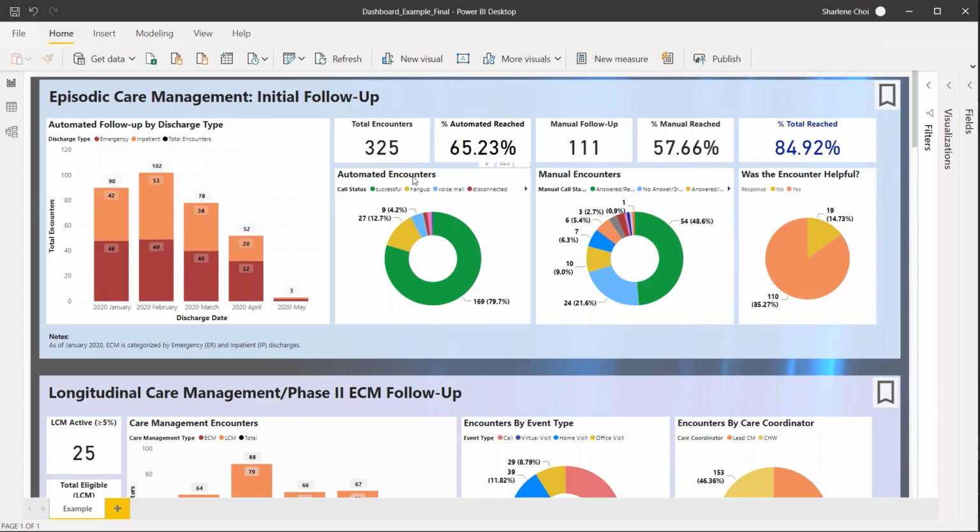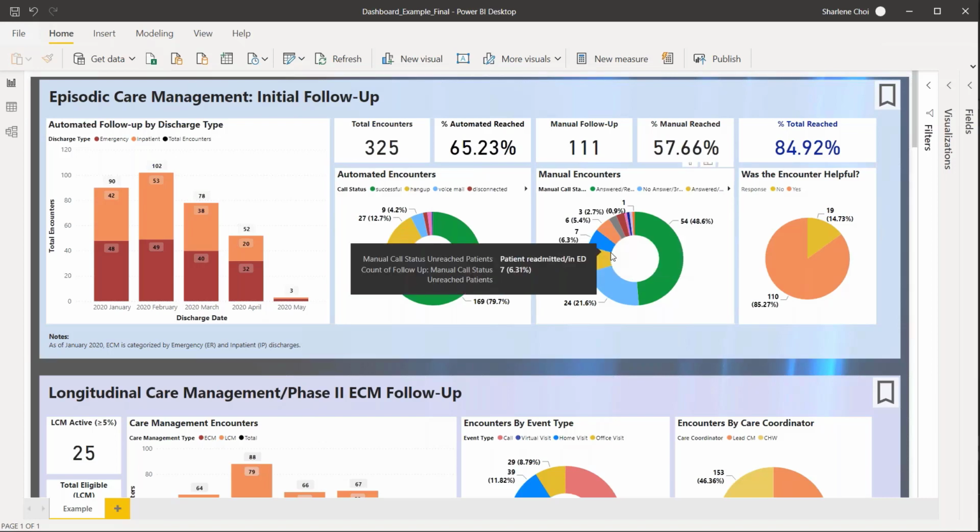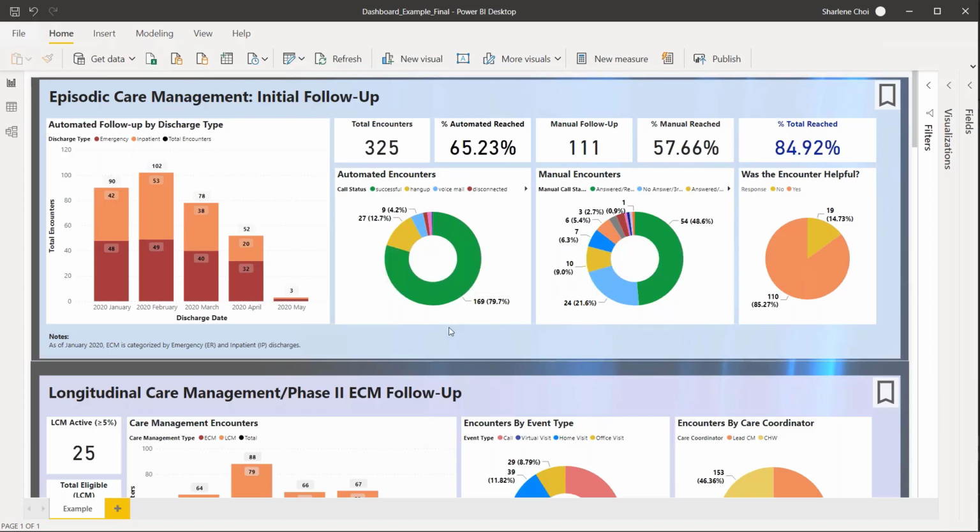And so below these counters are donut charts and a pie graph that breaks down automated call outcomes and manual call outcomes. So this includes whether the caller was sent to voicemail, whether a disconnection occurred, or some other outcome occurred.